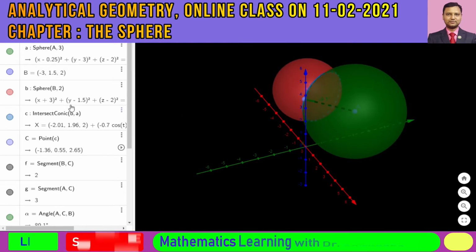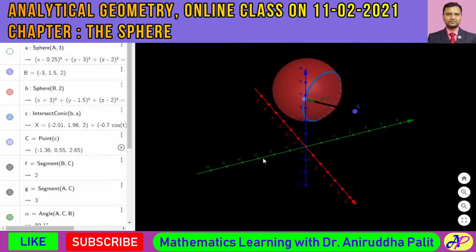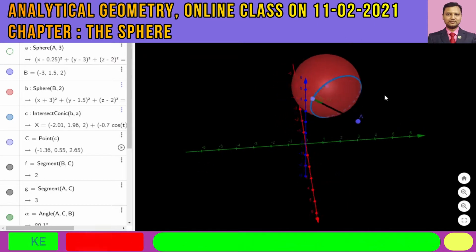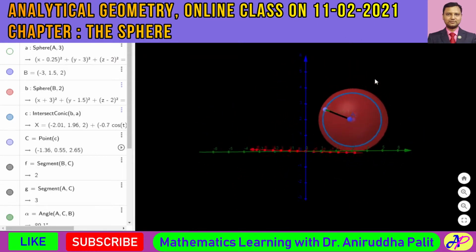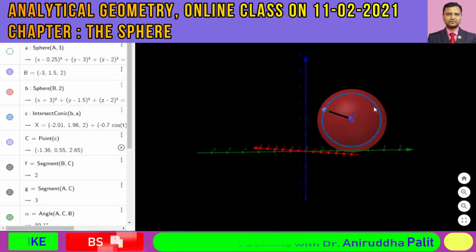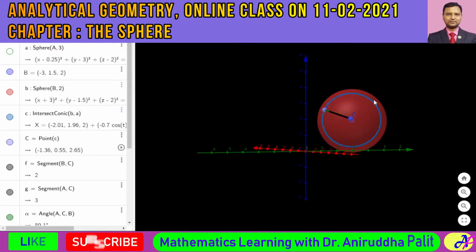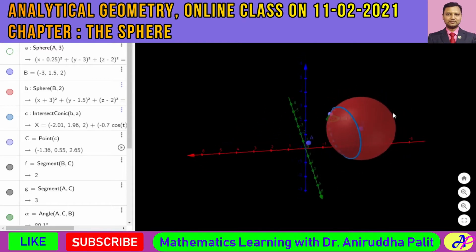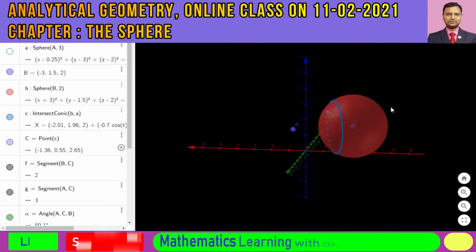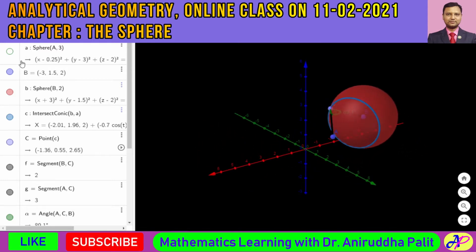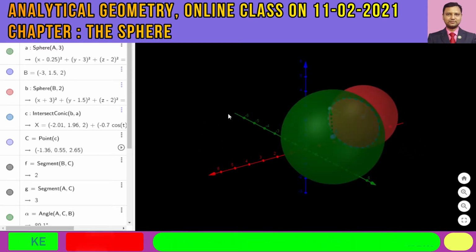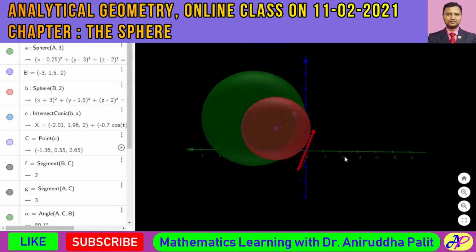Let me suppress one such sphere. Then we have this kind of section given by this blue line. This section is the intersection of the spheres, the green sphere and the red sphere.